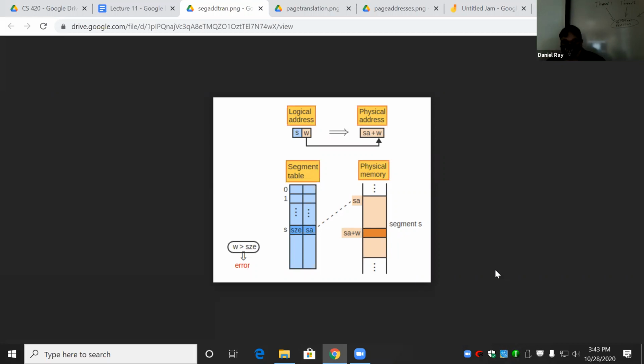What's the argument against using segmentation over paging, though? I haven't said it specifically, but there's a reason why it was good to have a fixed page size.